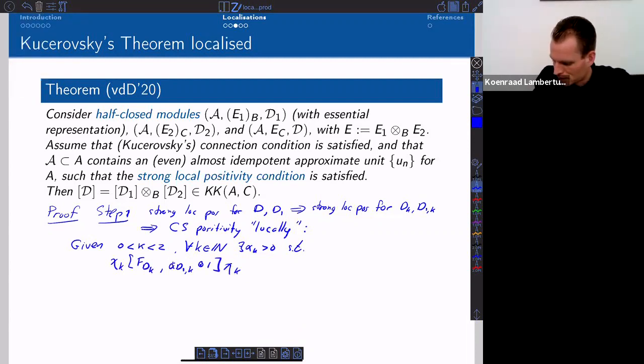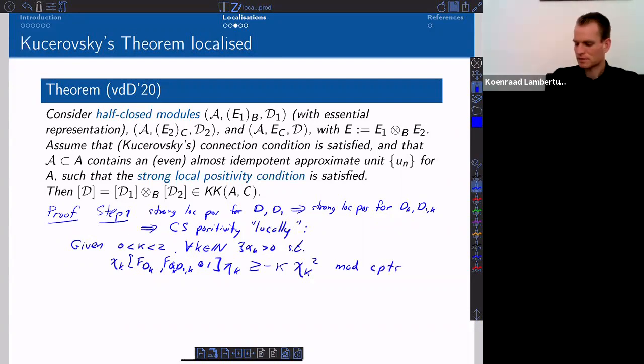It's important that we rescale this D1 by our positive constant alpha_k. Then we can produce this estimate that this is bounded from below by kappa times chi_k squared, and this is true modulo compact operators. This rescaling by alpha_k is to ensure that this constant kappa can be achieved independently of k.